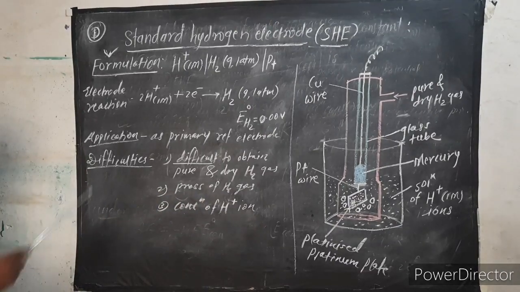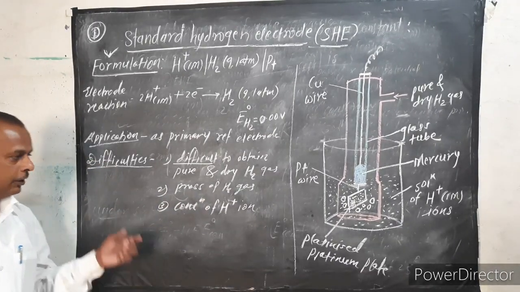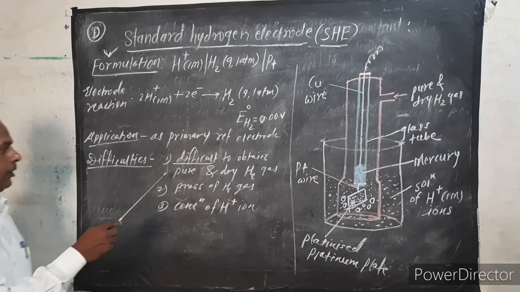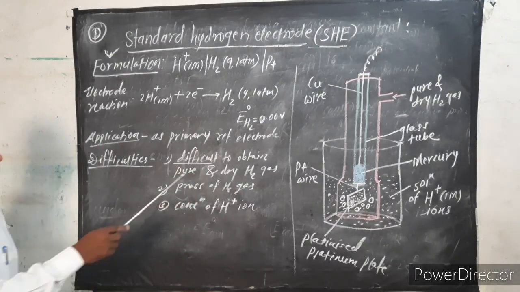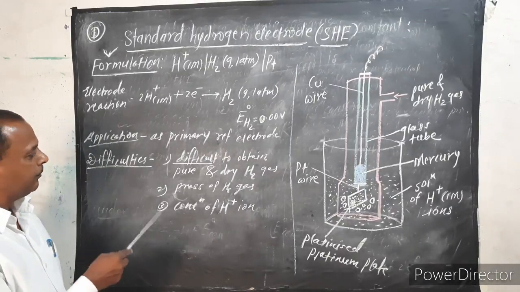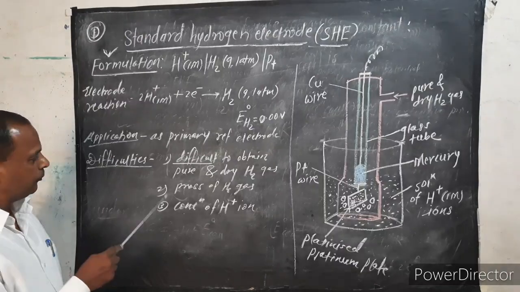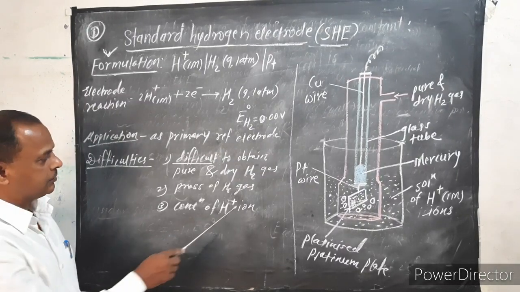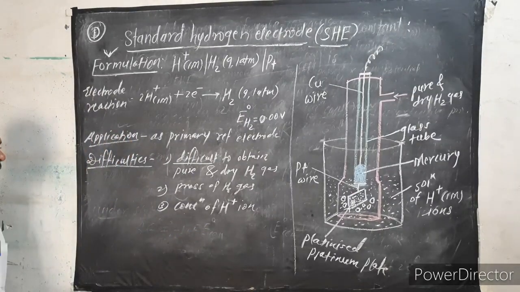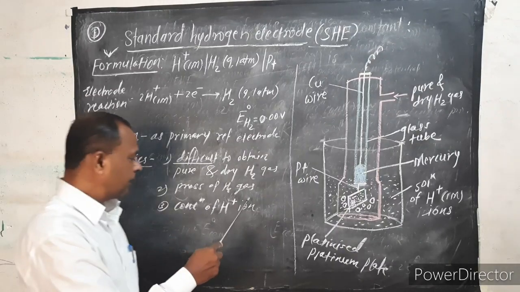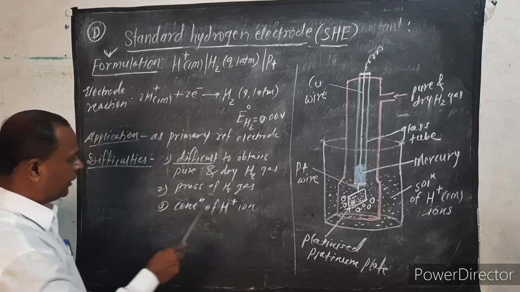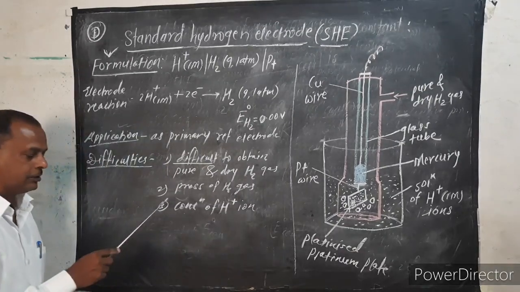Now what are the difficulties in the standard hydrogen electrode? Some problems arise. Number one, it is difficult to obtain pure and dry hydrogen gas. Second, it is not easy to maintain the pressure of hydrogen gas at 1 atmospheric pressure throughout the experiment, because some hydrogen gas is bubbled out, so maintaining 1 atmospheric pressure is difficult.